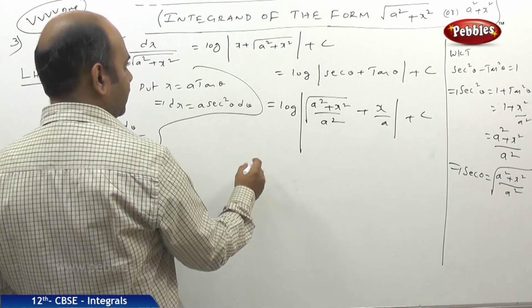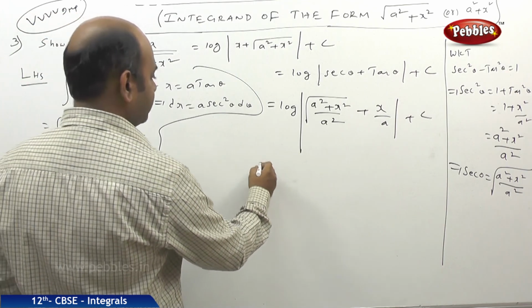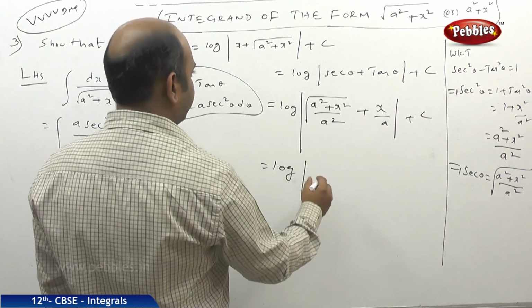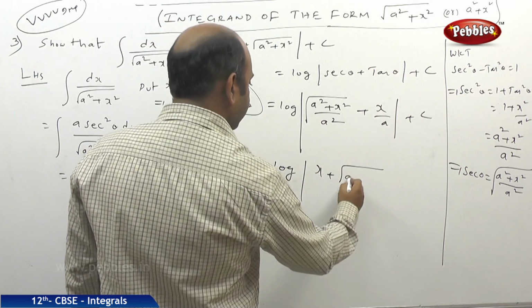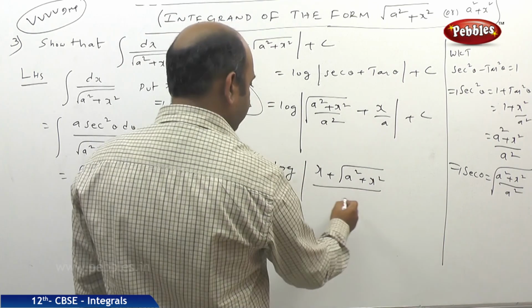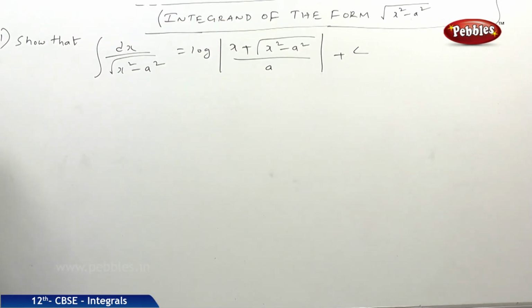So finally, that is equal to log mod x plus under root of a square plus x square, by a, plus c. Again, in the substitution method, sometimes we will come across integrands of the form under root of x square minus a square.